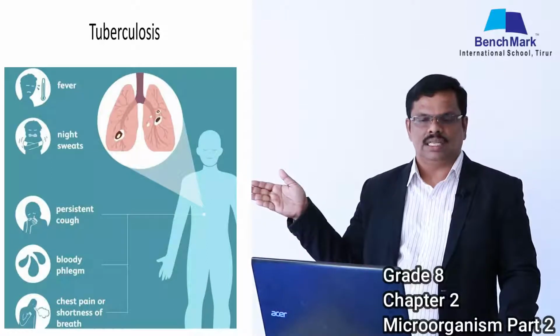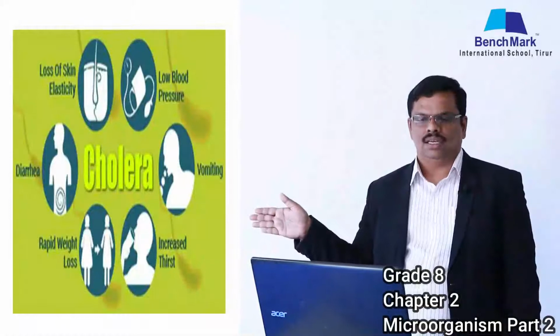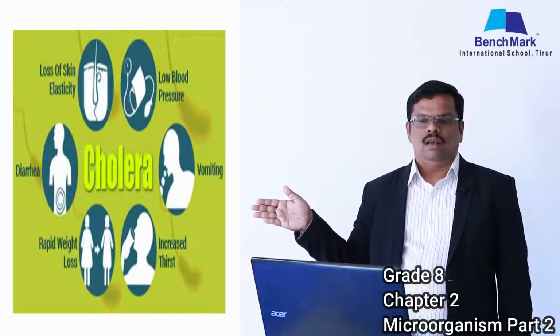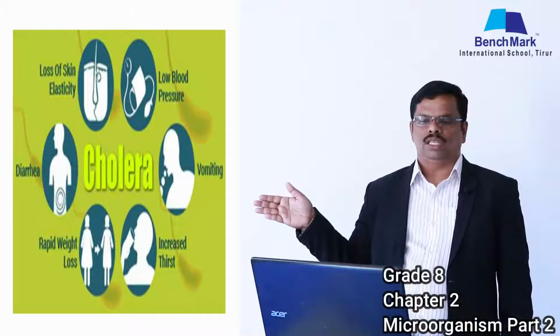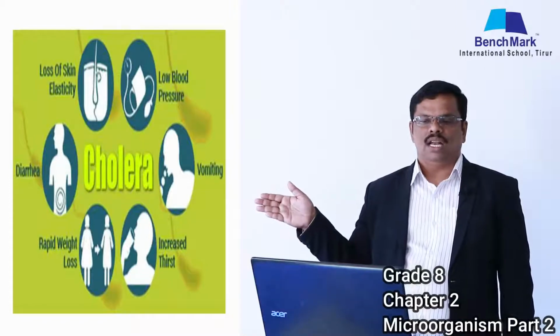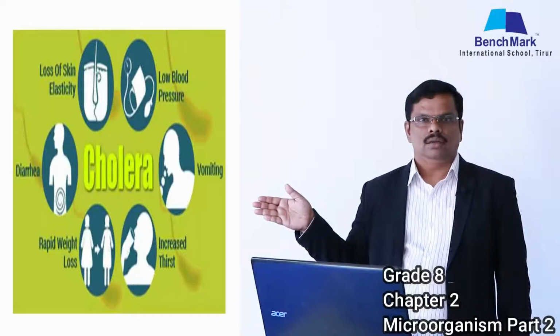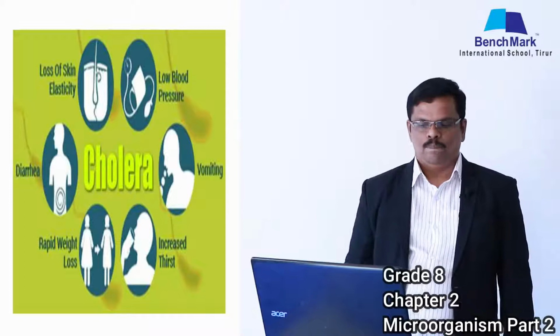I hope you have seen this slide. Now, look at this slide. It is about cholera. See, diarrhea is happening, rapid weight loss, increased thirst, vomiting, low blood pressure, loss of skin elasticity because the water is not there.